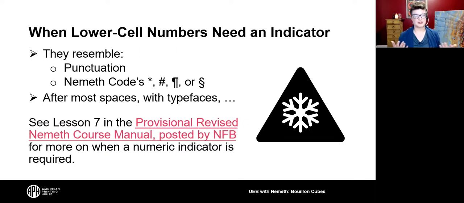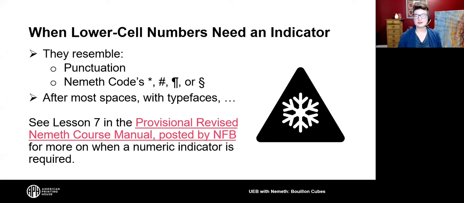This is maybe the other side of the coin of having the lower cell numbers. Punctuation also happens in the lower part of the cell. Now, the vast majority of the time, there's no punctuation involved in our equations and other math expressions. But when a numeral and a punctuation could be confused, we can use indicators to distinguish them.